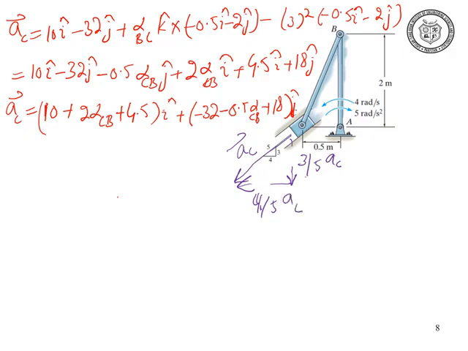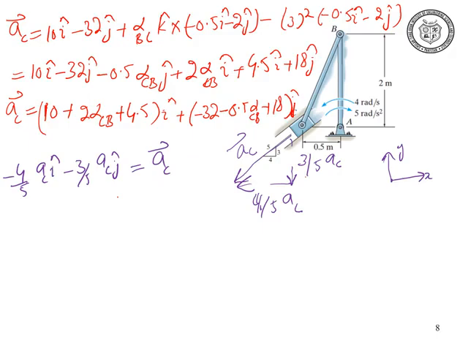You can also find this by first finding the angle using this 3 4 5 triangle, and after that substitute the value of the angle to find the components. So considering that this is the x direction and this one is the y direction, it will be minus 4 by 5 AC I minus 3 by 5 AC J. This will be the value of AC in vector form.